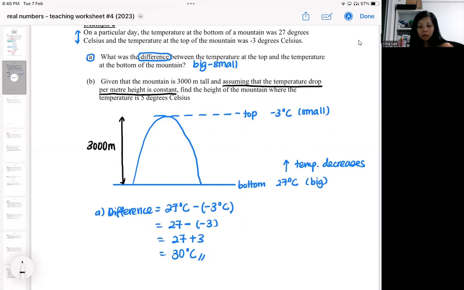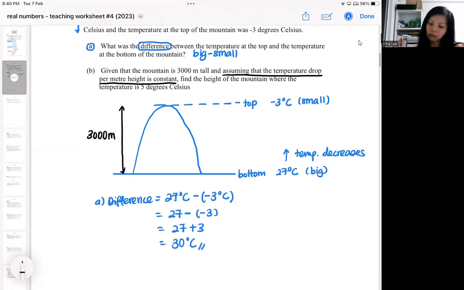That means every 100 meters, we're going to drop by a certain amount of temperature. It's like a fixed ratio, a fixed kind of drop. We're going to explore this with the idea from part A. There's a reason why they ask you to do a difference for part A. The temperature difference is 30 degrees.